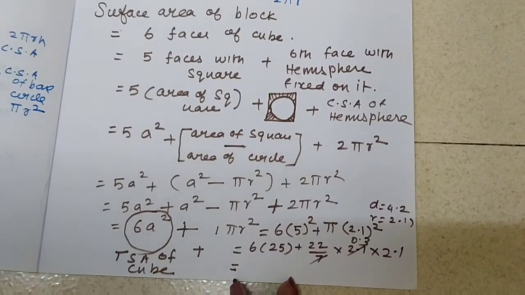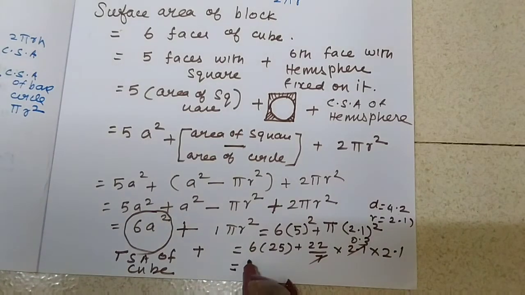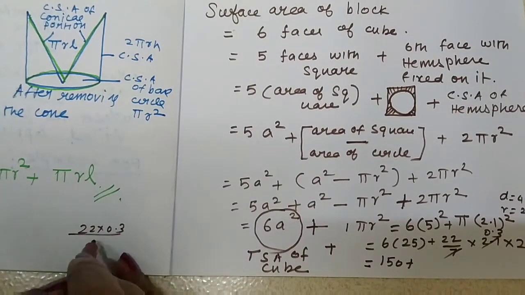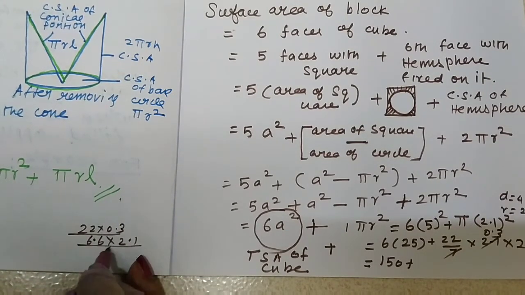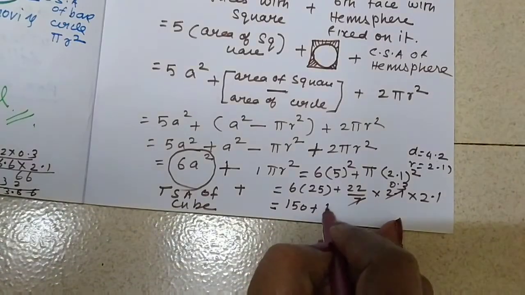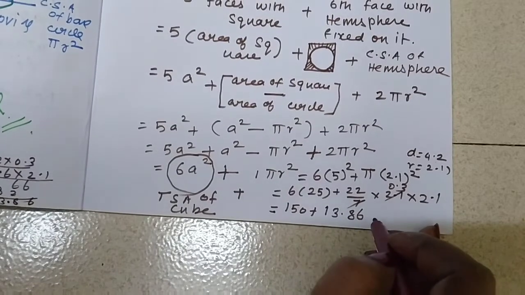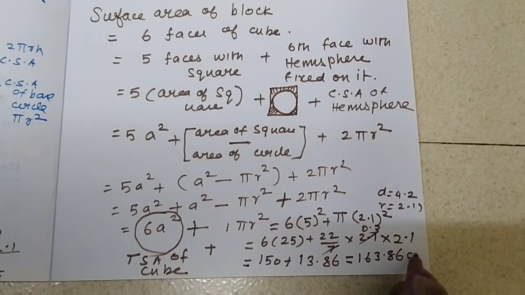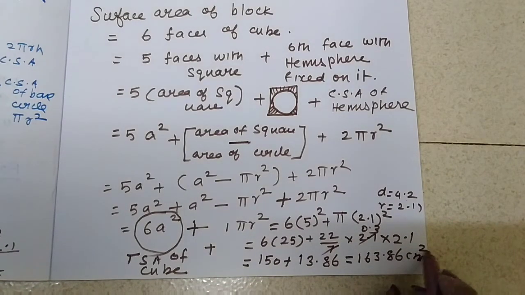So 6 into 25 is 150. 22 into 0.3 is 6.6, into 2.1 is 13.86. 150 plus 13.86 is 163.86 centimeter square.